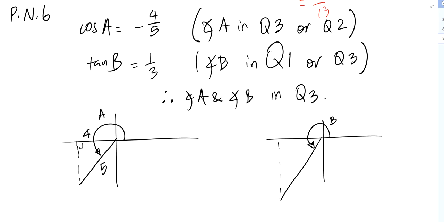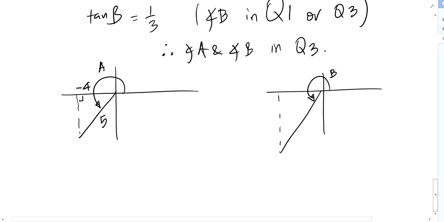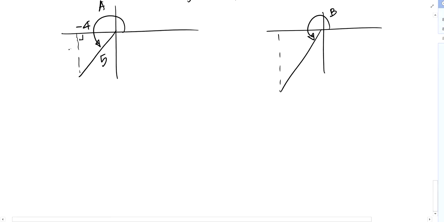Quite clearly it belongs to 4, because it's on the horizontal part, the x-axis. If I have two sides of a right angle triangle, can I find the third side? Yes. What is the side based on this triangle? 3. So we know that the magnitude is 3, but the sign is negative because it is below the x-axis.